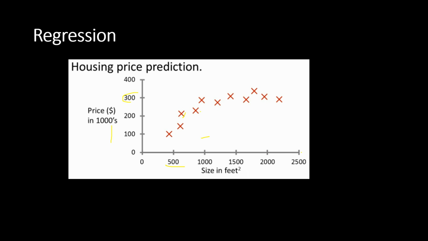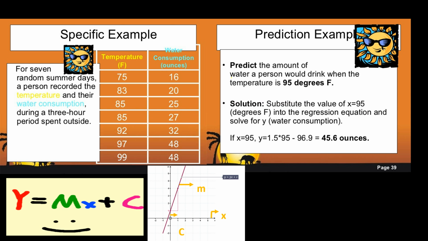Suppose the house size is 3000 square feet, then if you generalize this algorithm, the house price will be maybe somewhere here, I don't know, maybe here or here. So you see based on the input, the output is some real number. So that is regression.